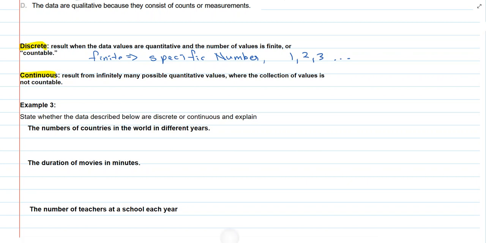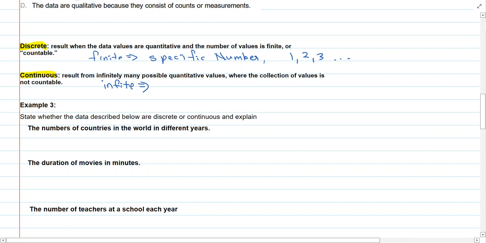Continuous, many possible quantitative values. Continuous means infinite possibilities.